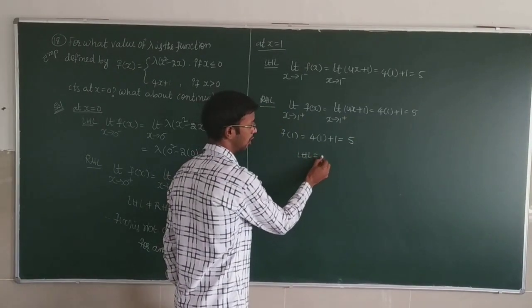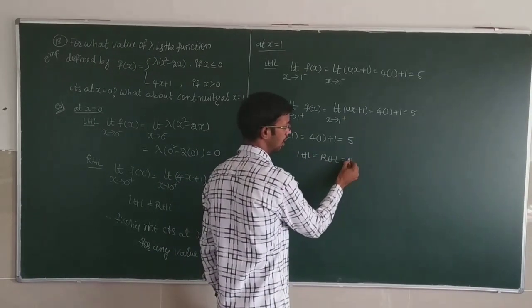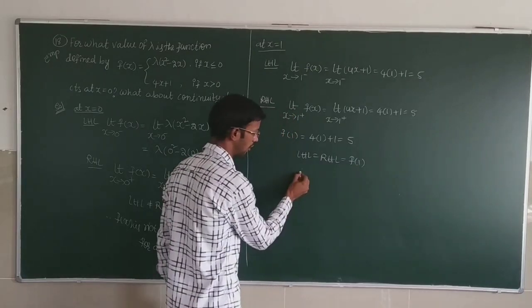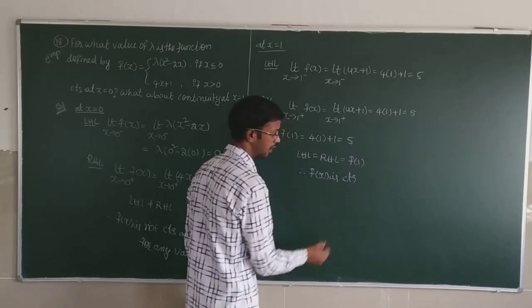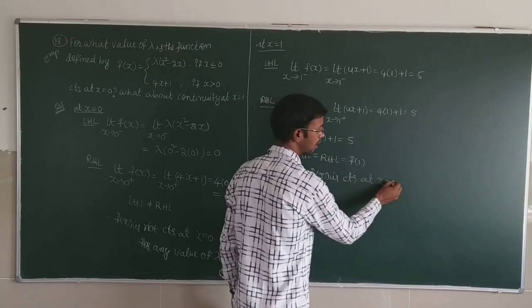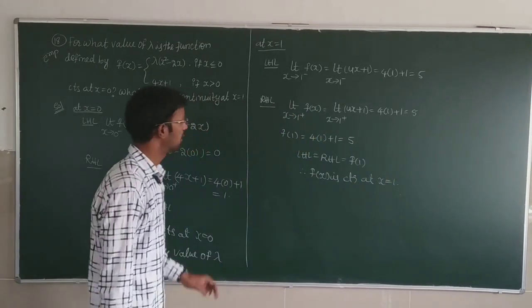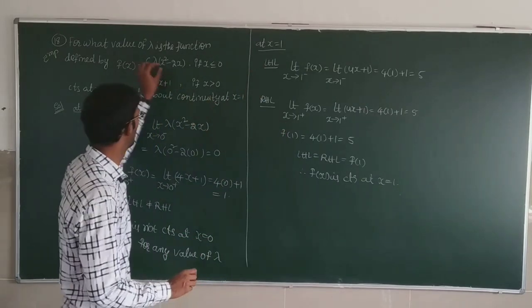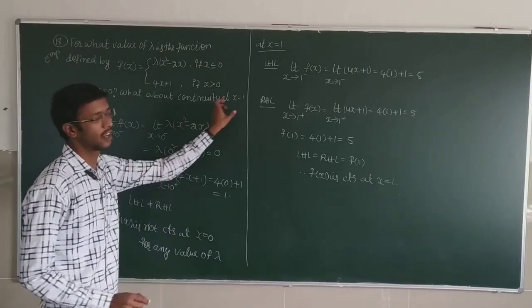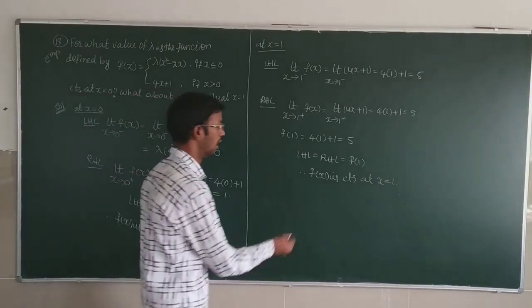LHL is equal to RHL is equal to f of 1. Therefore, f of x is continuous at x is equal to 1. And for what value of lambda is being asked? Actually, lambda is not involved here; for any value of lambda, it is continuous at x is equal to 1.